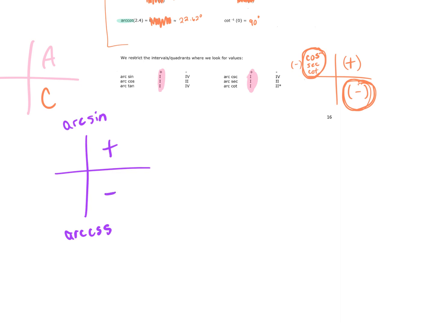If it's negative, we're going to look in quadrant 4. So that's how you can think about that. And then if we are looking for an arc cosine or its reciprocal, arc secant, then if it's positive, we're going to look in quadrant 1. And if it's negative, we're going to look in quadrant 2.